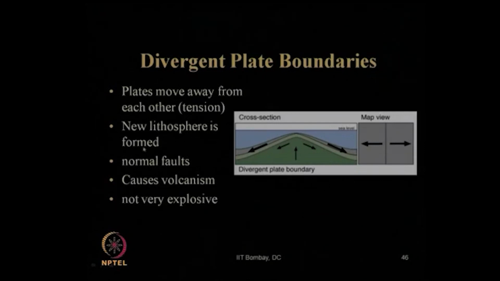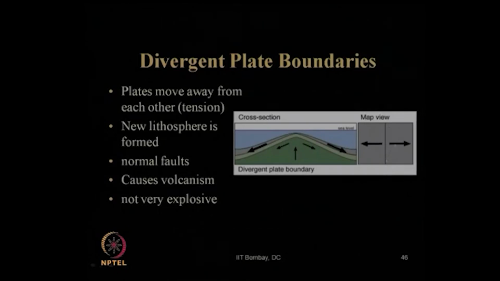New lithosphere is formed, because Earth's interior gets exposed. So, obviously, it creates new lithosphere and it forms the normal faults, that is the fault which is subjected to this kind of divergent plate boundary and tensile force in this manner. The fault which gets created is called a normal fault.